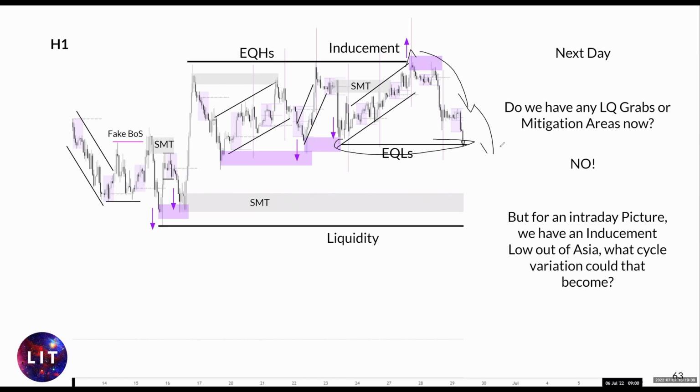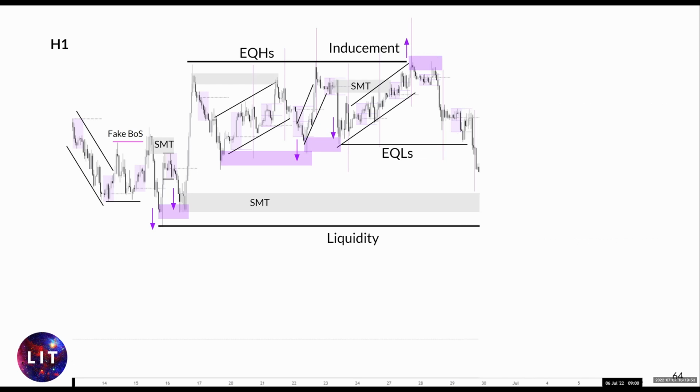We still want to trade away from it. Our Mona Lisa in that scenario would be inducement high, but it didn't happen. It's now induced low. So what can we expect? We can expect a retail heaven. Boom. Okay, so it gives us a pullback, faking the double bottom, obviously, into mitigation and continuing lower.